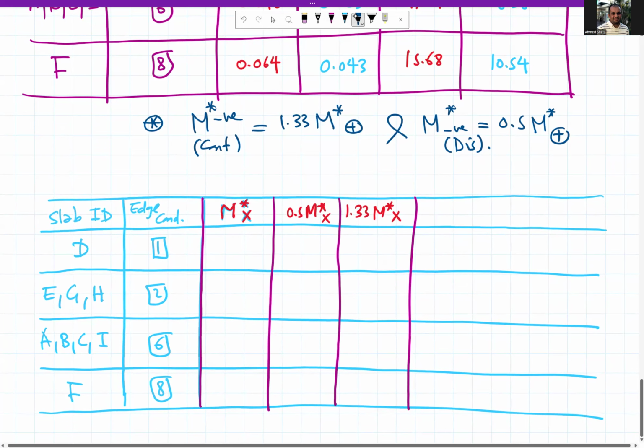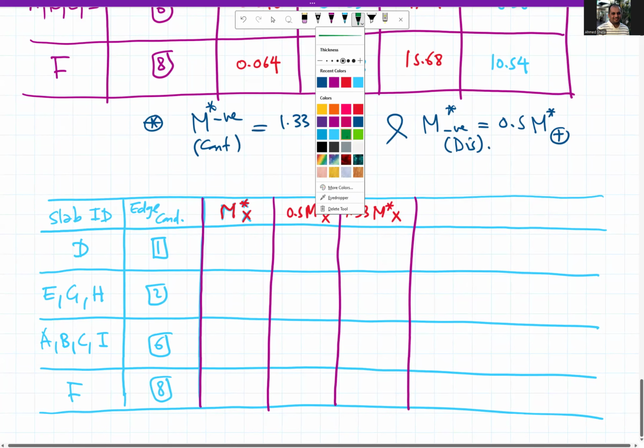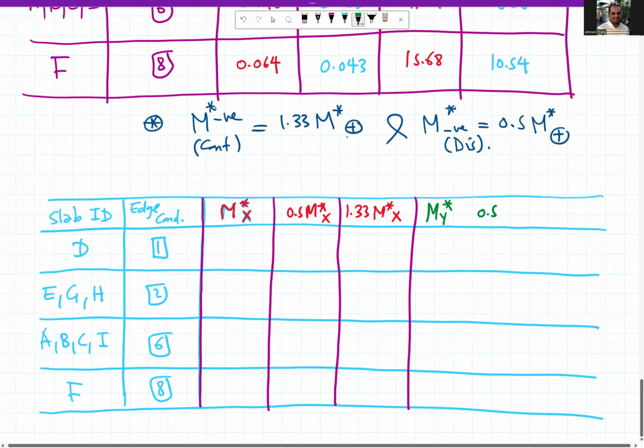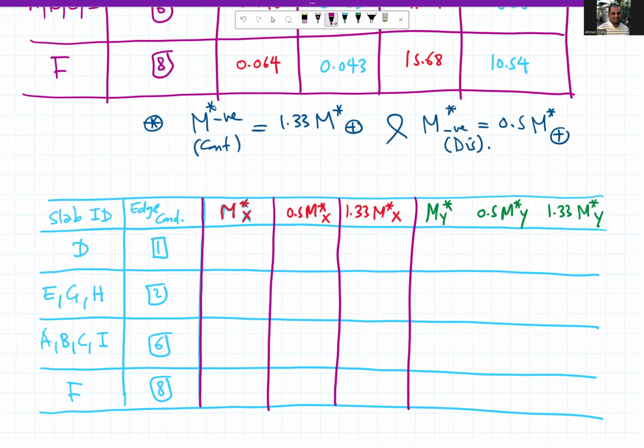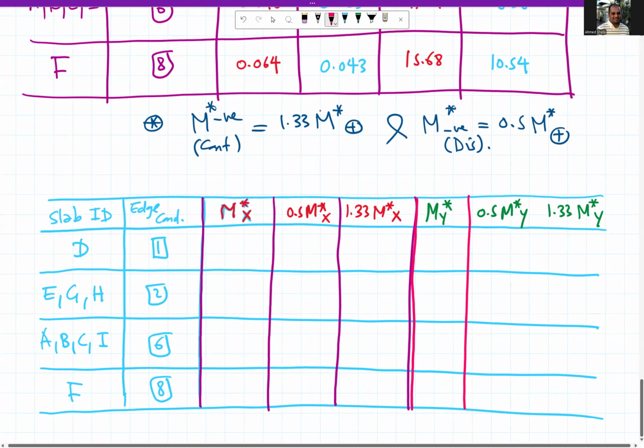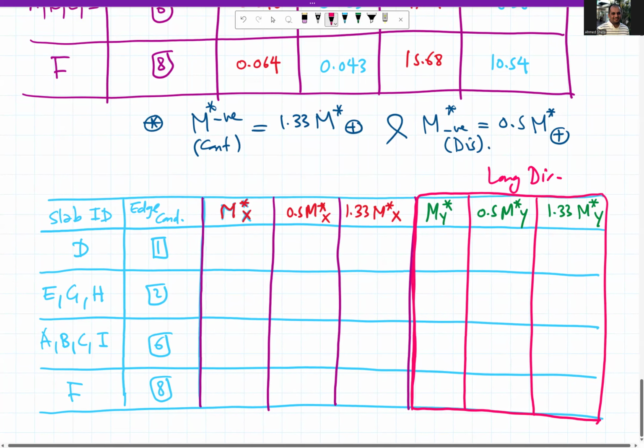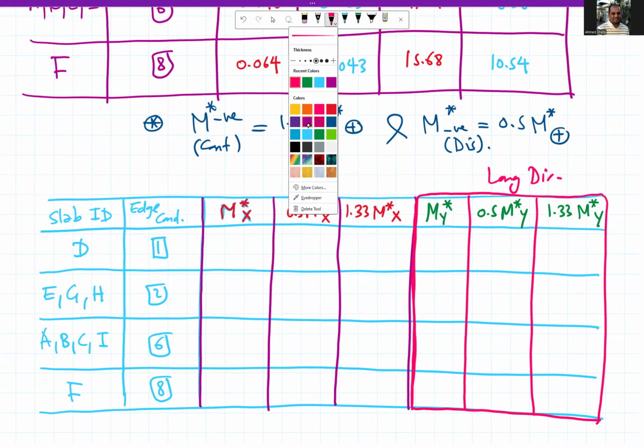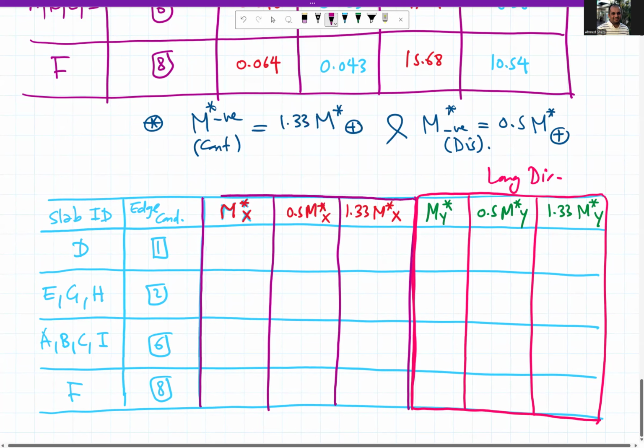And then we will have M asterisk Y, 0.5 M asterisk Y, and 1.33 M asterisk Y. So this is for the Y direction or long direction, and this is our short direction.